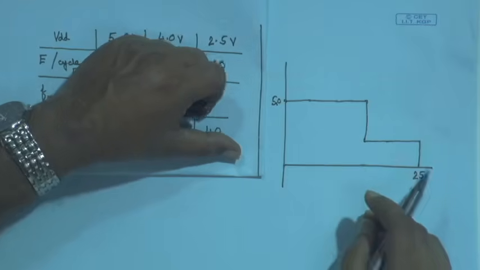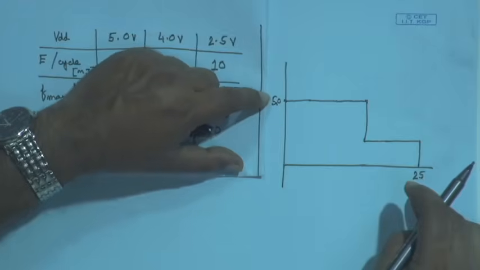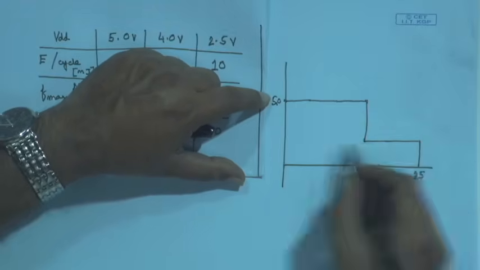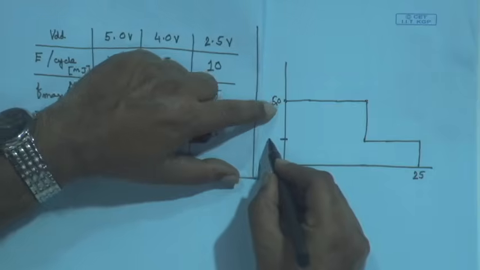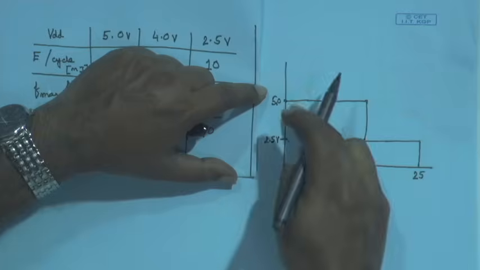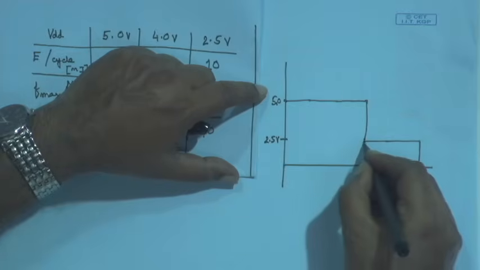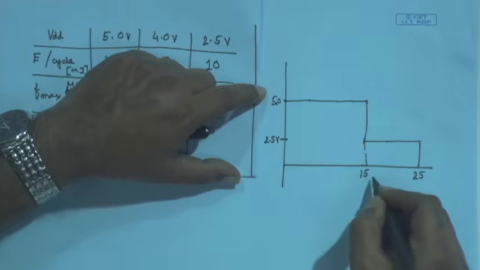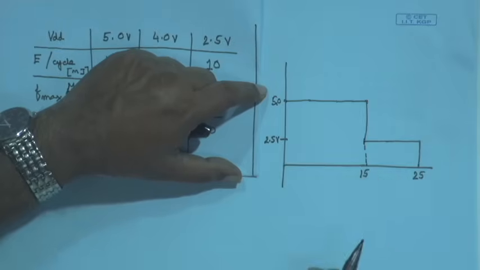My criteria was to complete it within 25 seconds, right. If that be the case, here I run it at 2.5 volt, and here I run it for 15 seconds, I run it like this.